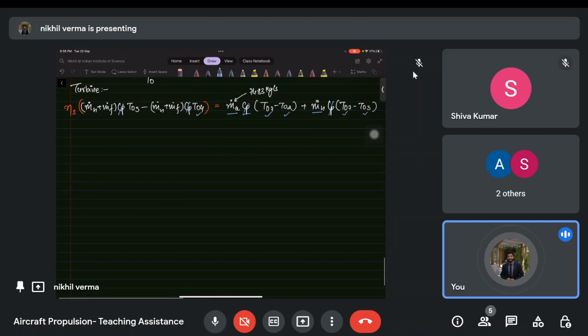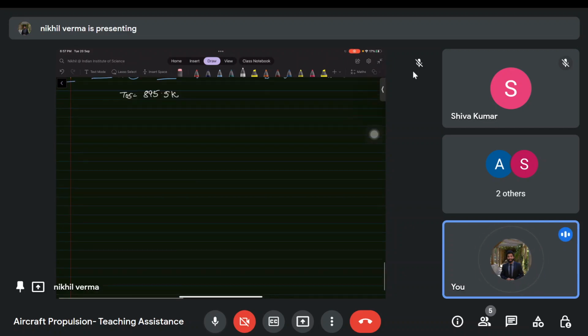T naught 4 is known, and all the mass flow rates are known. Only the unknown is T naught 5. If you substitute all the values in this equation, you'll get T naught 5 as 895.5 Kelvin. Okay.